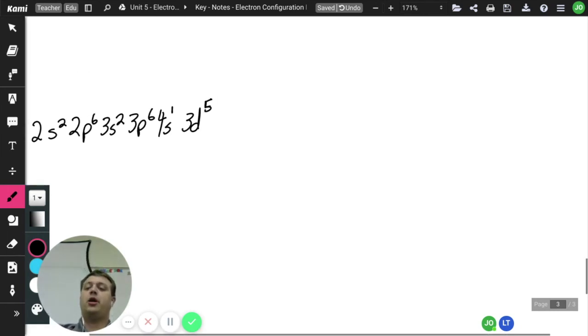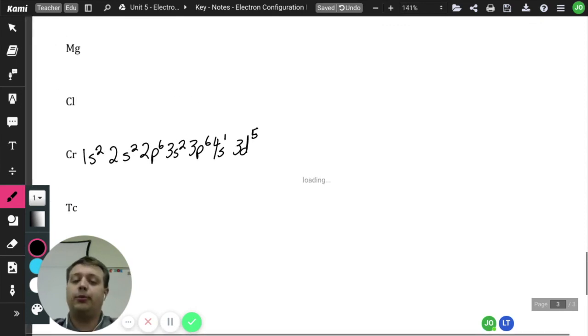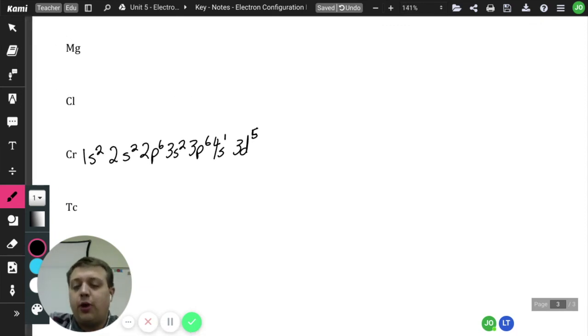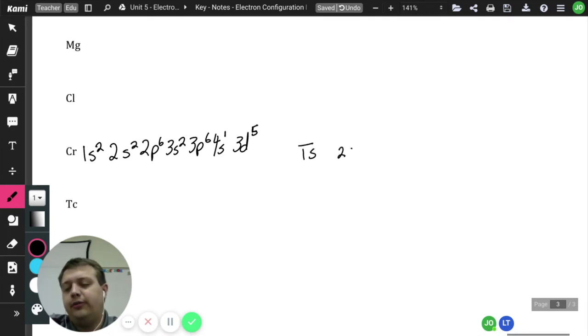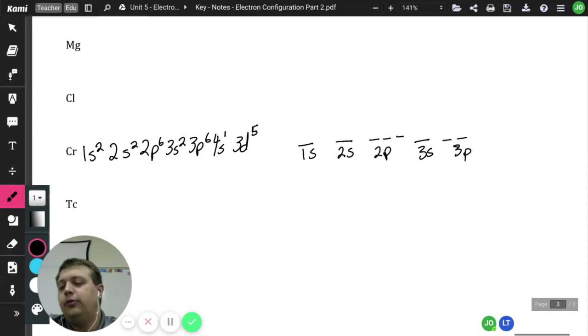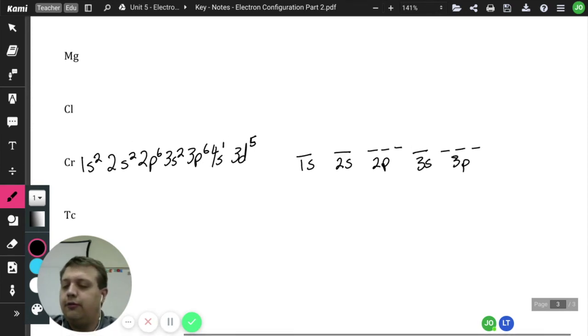All right. So now we're going to do the orbital filling diagram for this. 1s has one orbital. 2s has one orbital. 2p has three orbitals. 3s, one orbital. 3p, 1, 2, 3. 4s, one orbital.